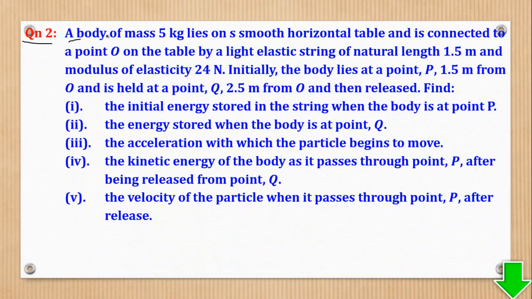Question 2. A body of mass 5 kilograms lies on a smooth horizontal table and is connected to a point O on the table by a light elastic string of natural length 1.5 meters.